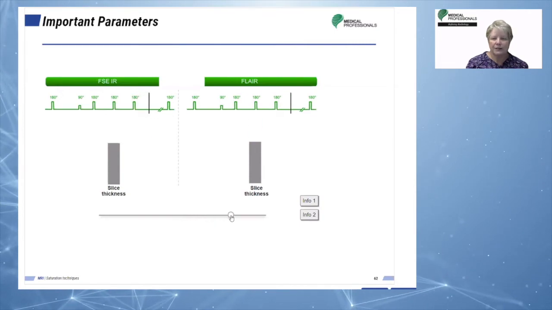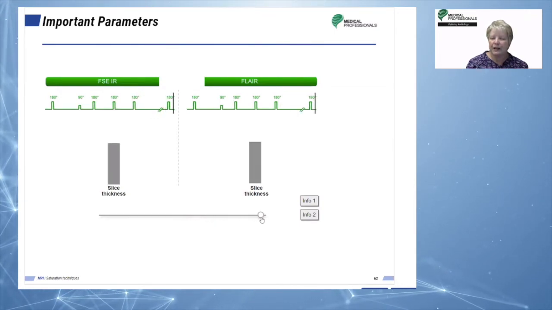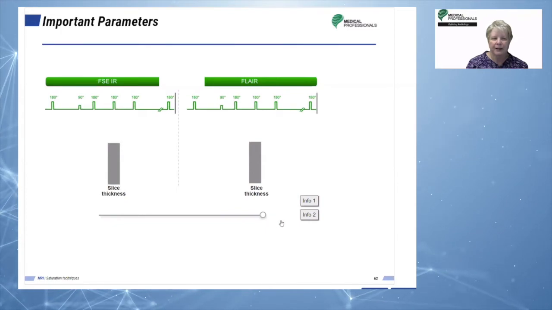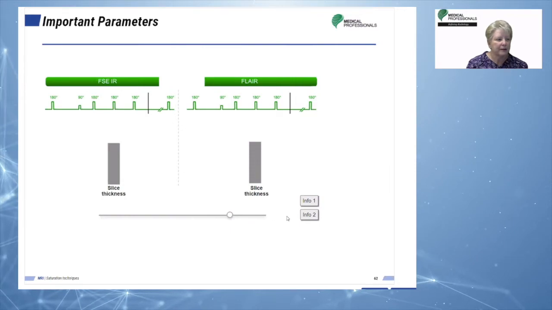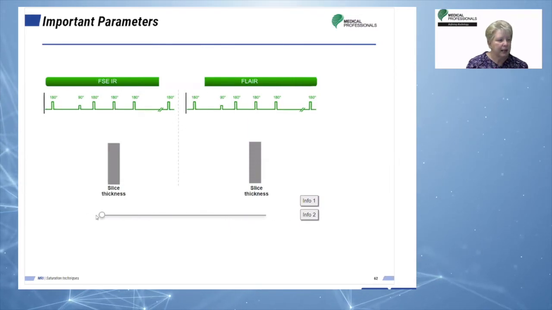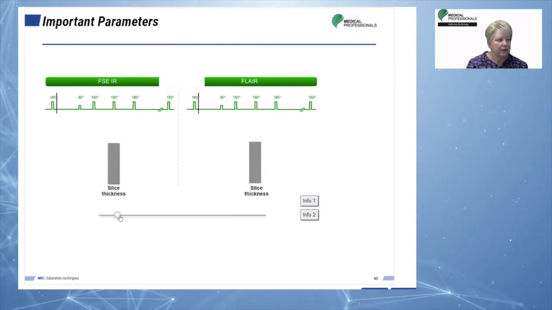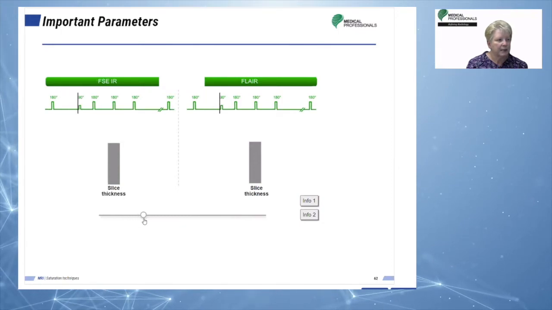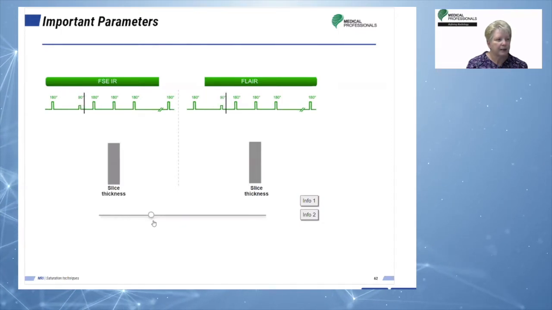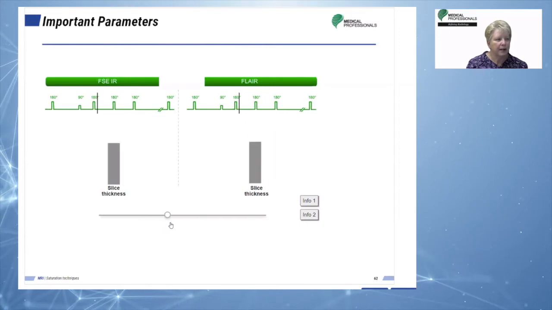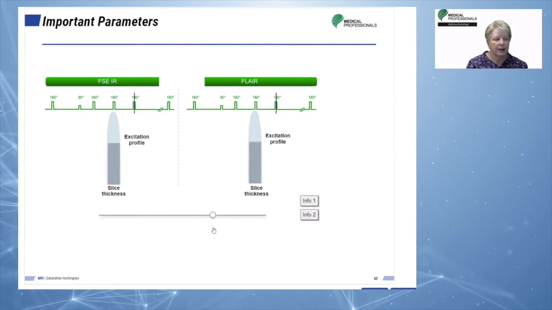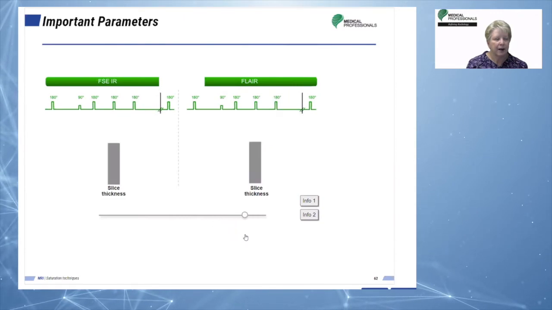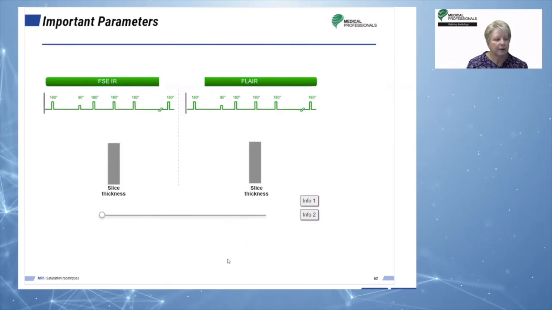The goal is to ensure that circulating cerebral spinal fluid is correctly saturated at the moment of the 90-degree pulse. So let me go back to the beginning again. Let me slide that across for you, okay? So we can see what happens at the pulses, right? Each pulse, 180 degrees, another 180 degrees, another 180 degrees, and then our echo, okay?